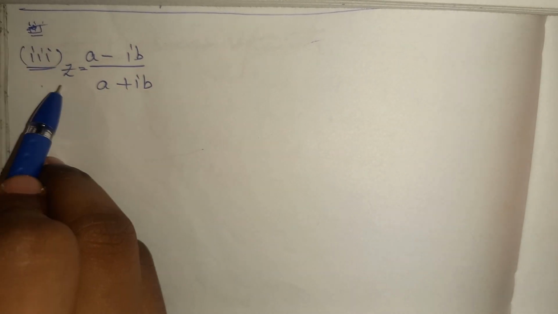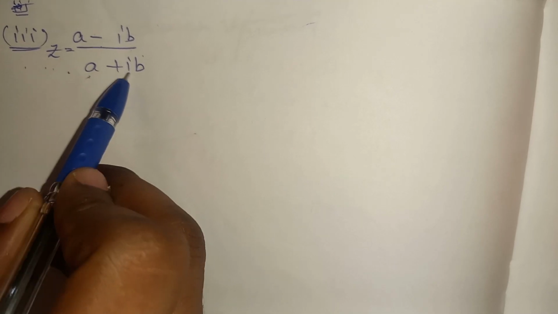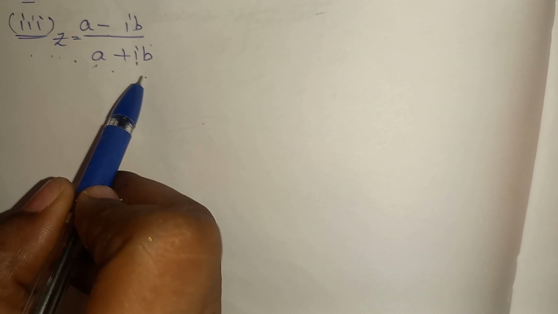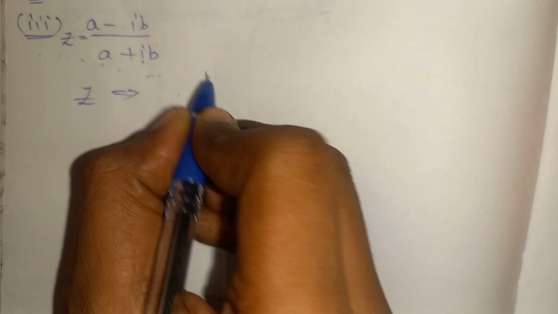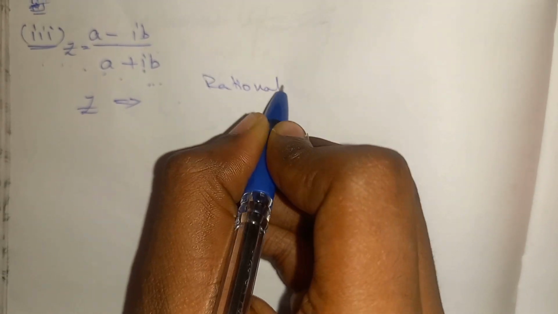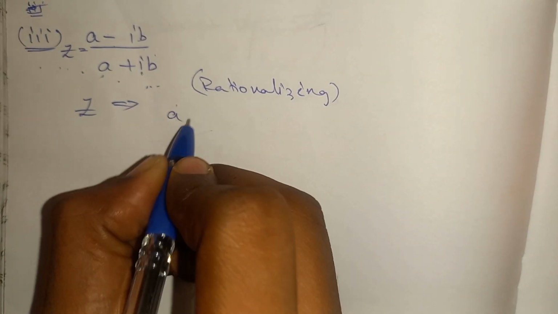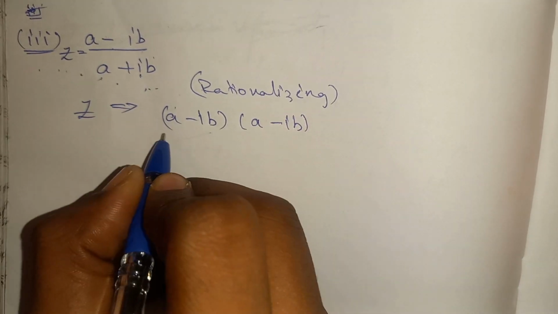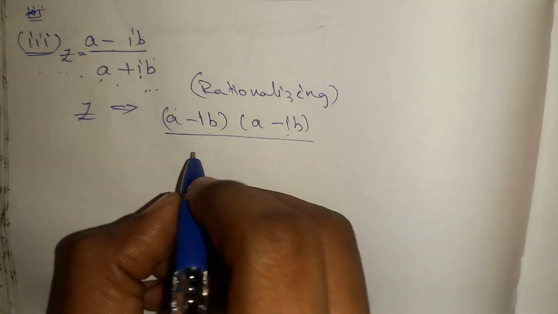Third question, given z equals (a minus ib) divided by (a plus ib). So as the denominator has a complex number, we will rationalize this with a minus ib. So we get z equals, when rationalized, (a minus ib) into (a minus ib), because the rationalizing factor of a plus ib is nothing but a minus ib.